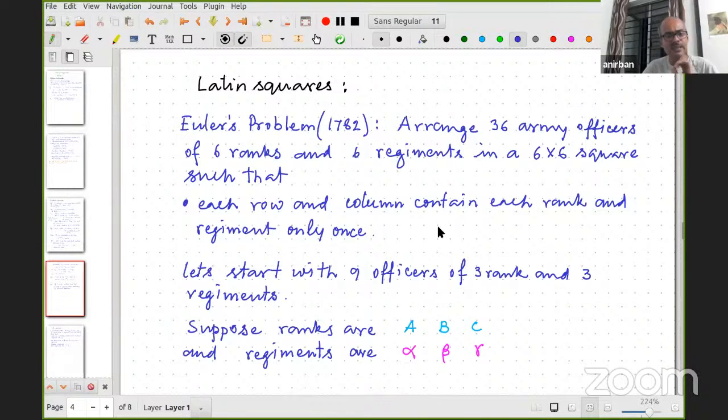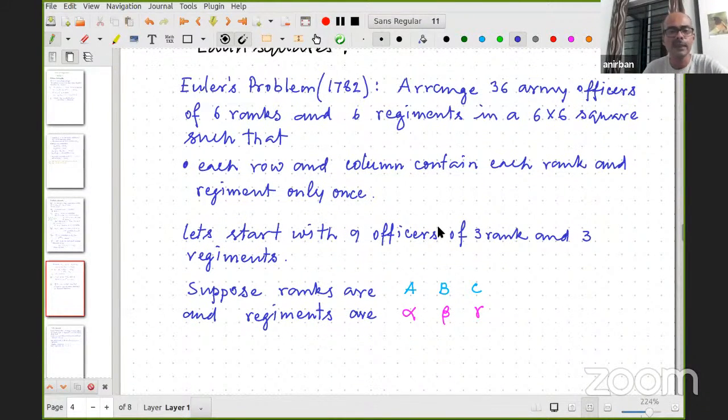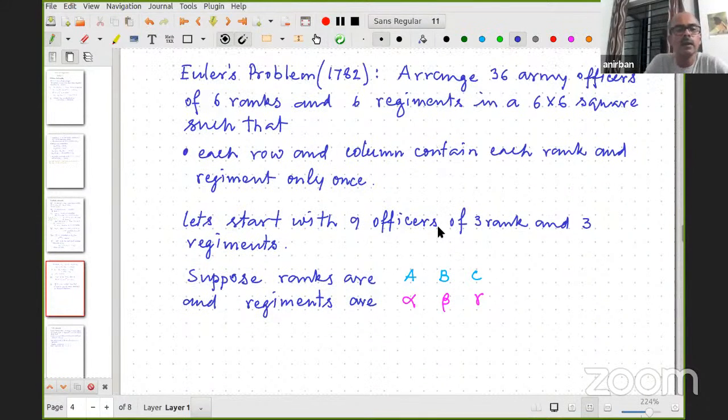So let's just start with an example rather than just do it like that. Then it would be clear what I mean. So let's start with a smaller example. Let's take 9 officers of three ranks and 3 regiments.